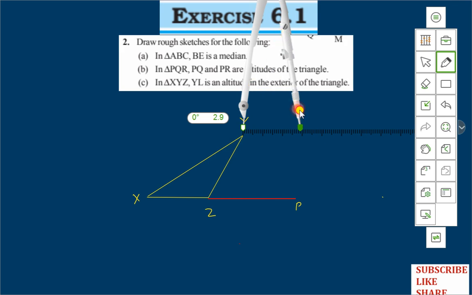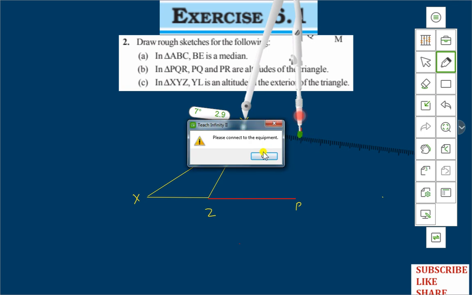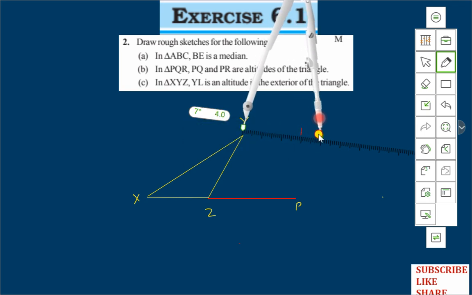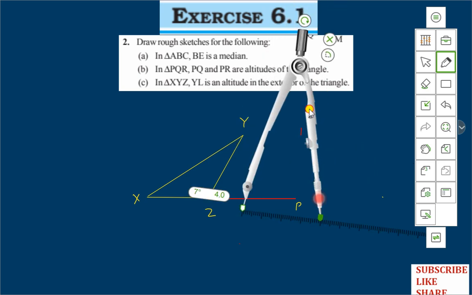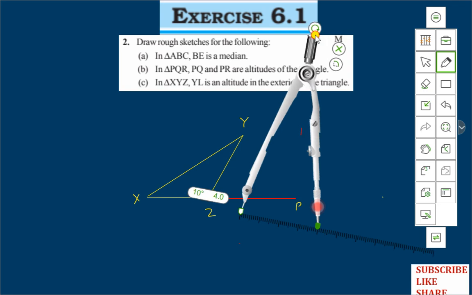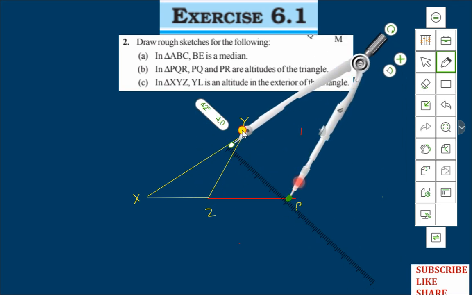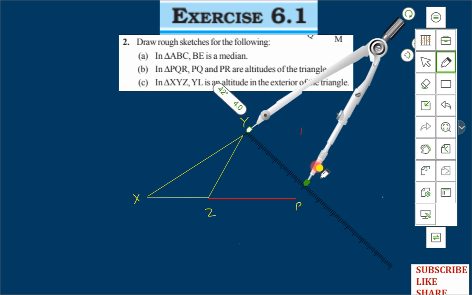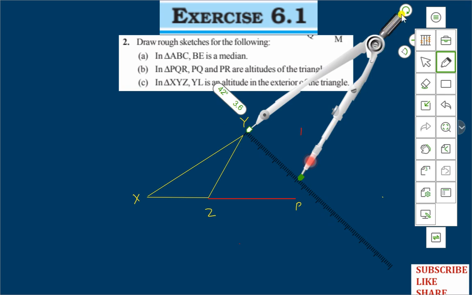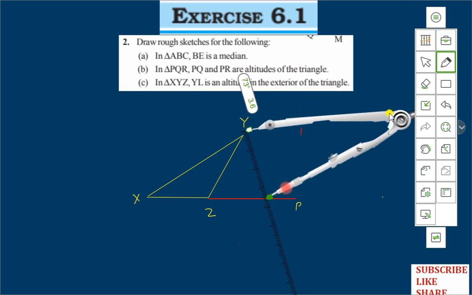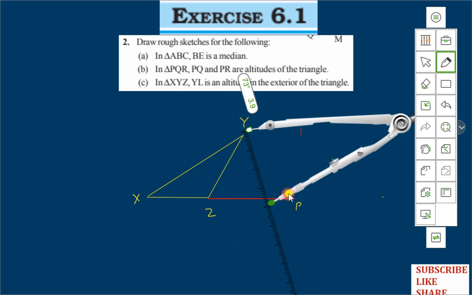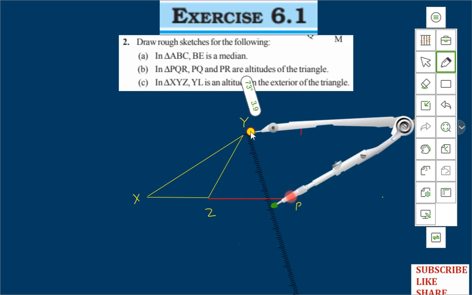Let us take an arc here. Take this pointer on Y and let us take an arc. Right?